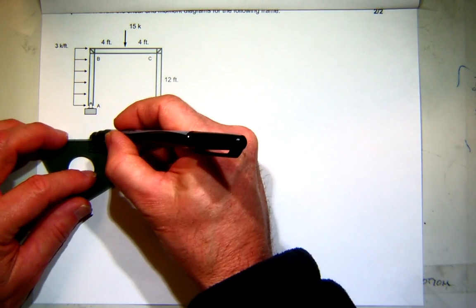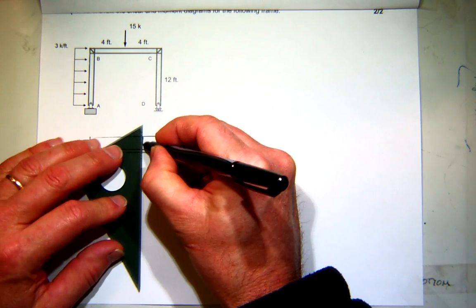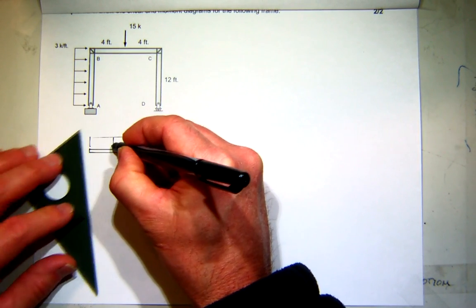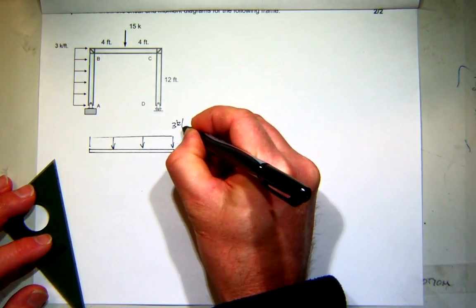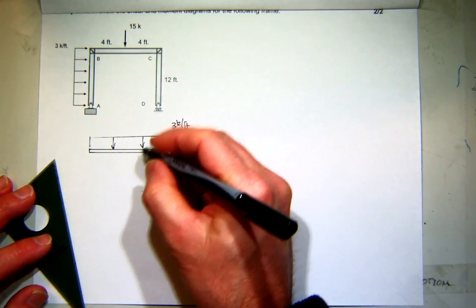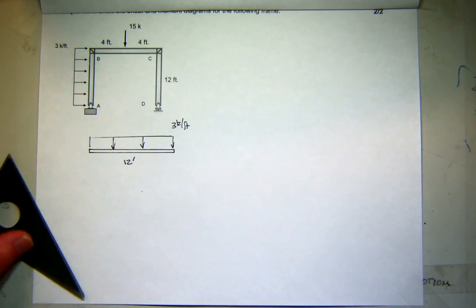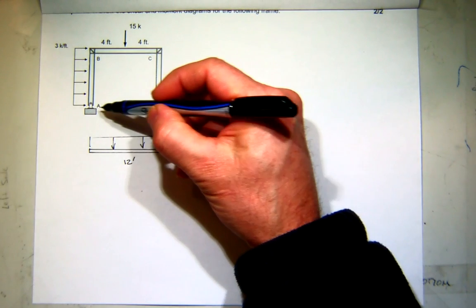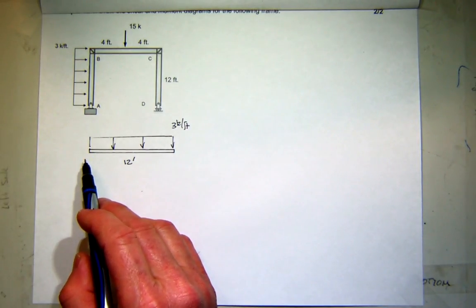And I'm going to have the distributed load, which is this value, of 3 kips per foot applied. This distance is 12 feet. And now I want to apply whatever the force in the x direction here is at A. And we just solved for that x direction force.